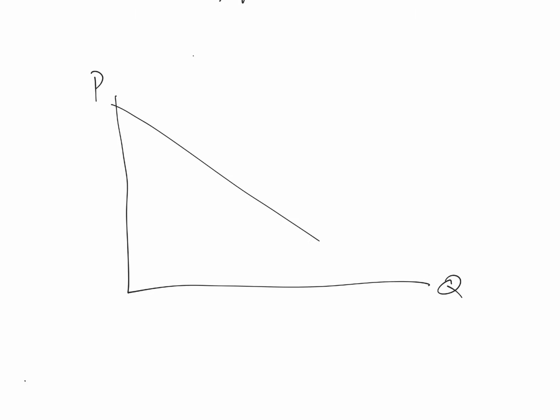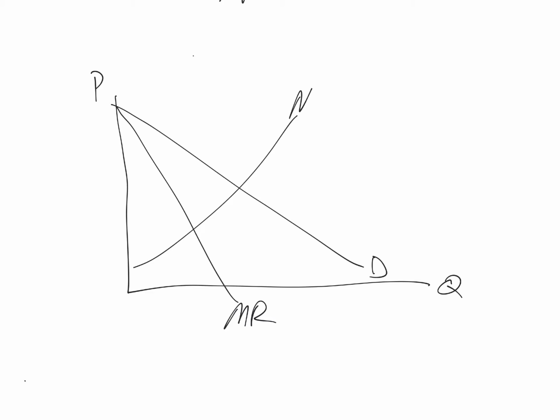Okay, here's what we really don't like about monopoly. This is the fundamental problem right here. The firm will produce this quantity. They're going to charge this price. Here's the problem.